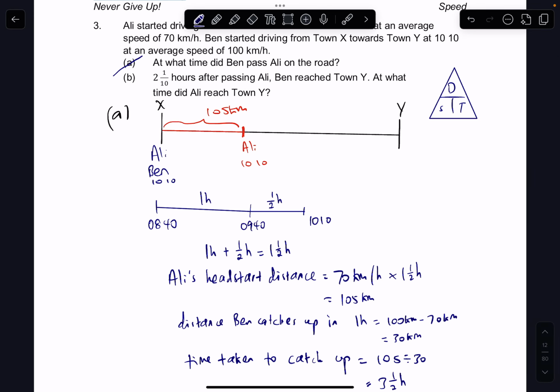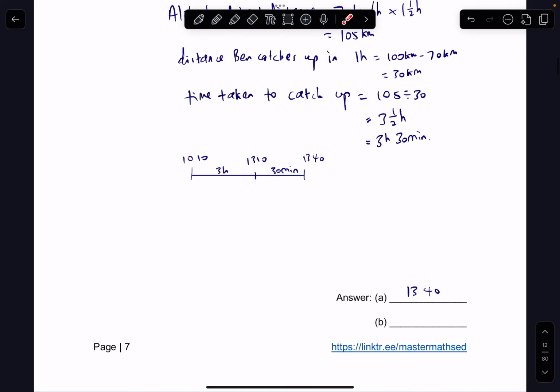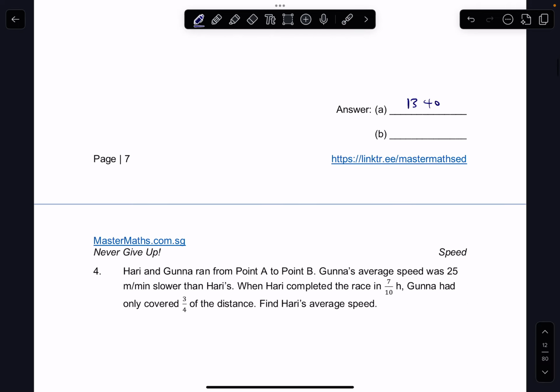Done. Now, 2 1/10 hours after passing Ali, Ben reached town Y. At what time did Ali reach town Y? So let's see what is the total time taken by Ben to travel between these two towns.